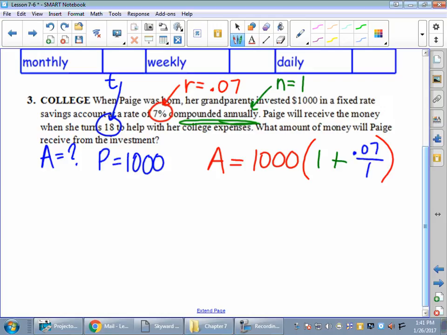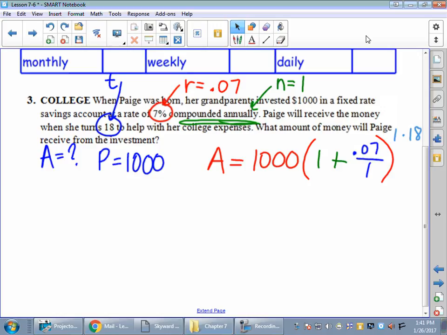And that's all going to be raised to the N times T power. So 1 times 18. I highly recommend that you do that exponent math either mentally or on the side, because when we go to do this on the calculator, you don't want too many things happening. I know that 1 times 18 is 18.